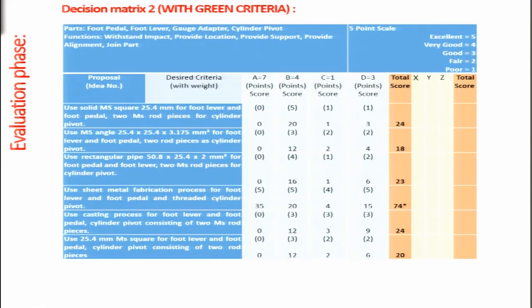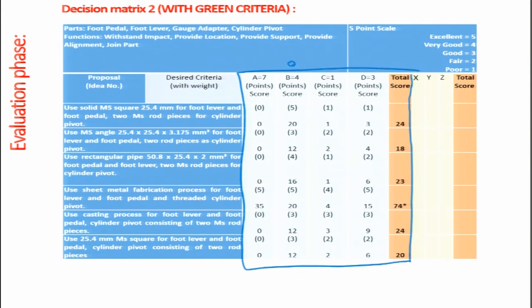If we have this green criteria, then we have 2 different ratings. This one is for quality or performance, and this one is for the environment.